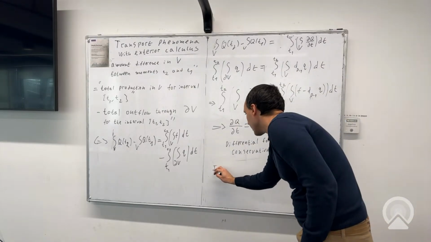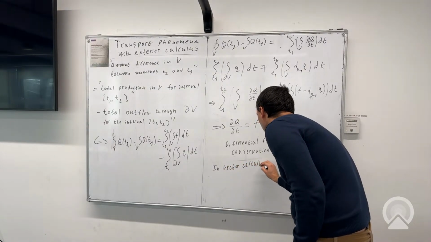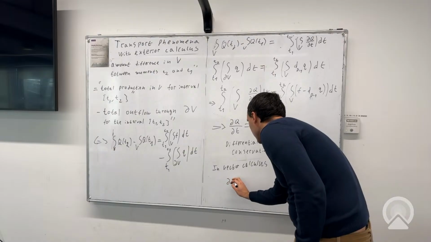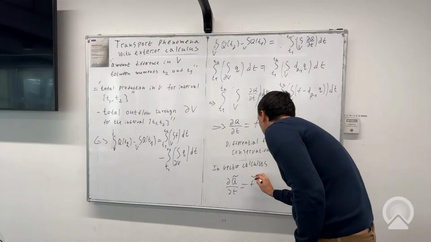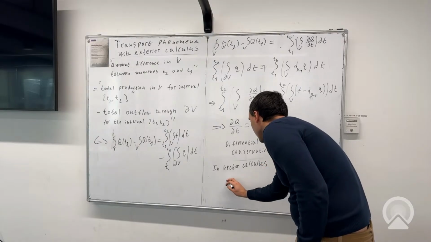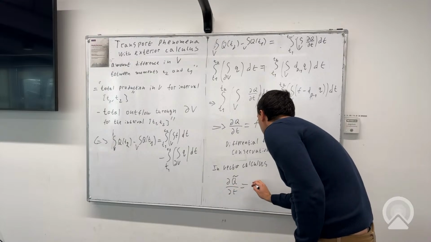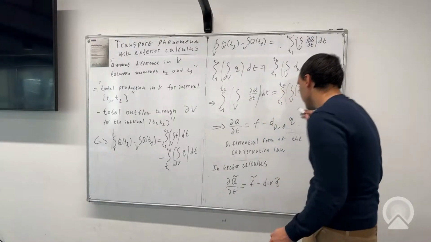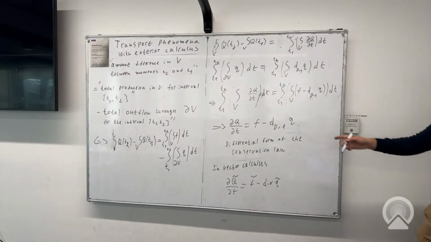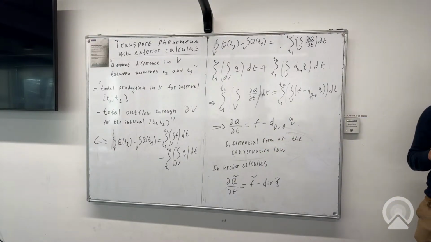So in vector calculus we have, let's write it with tilde, dq/dt is F tilde minus divergence of q tilde. Something like that it looks. And these are density forms of these operators.